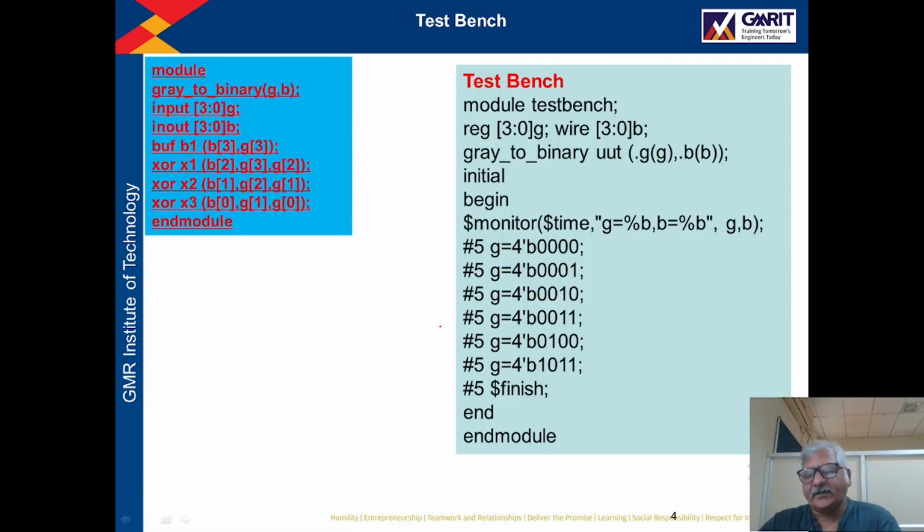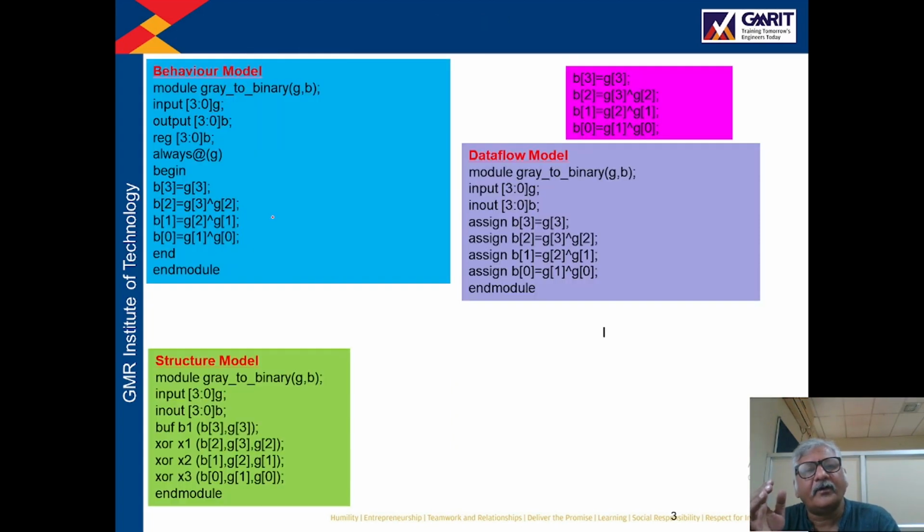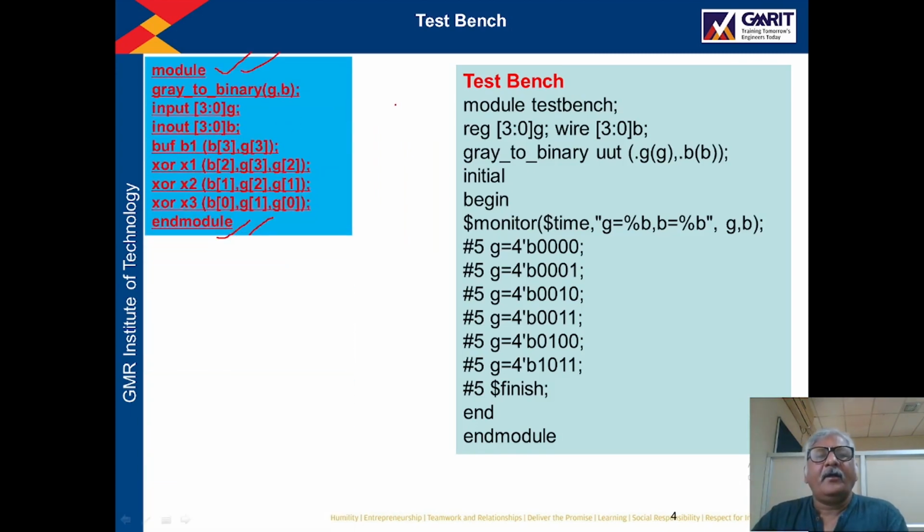Now this is the test bench here, right? So this is the module under test. I have used the structure module. We can use either structure, Dataflow or behavior, whatever 3 modules we have written, we can use any one. And here it is a test bench, right?